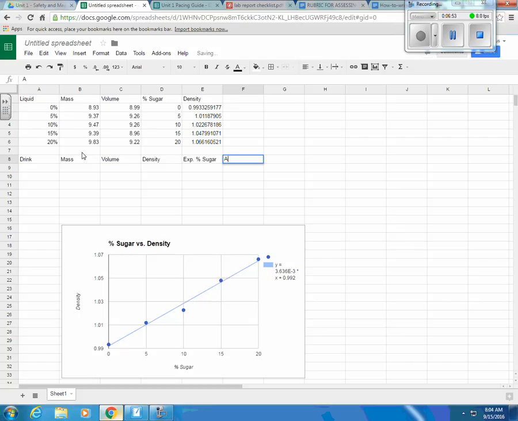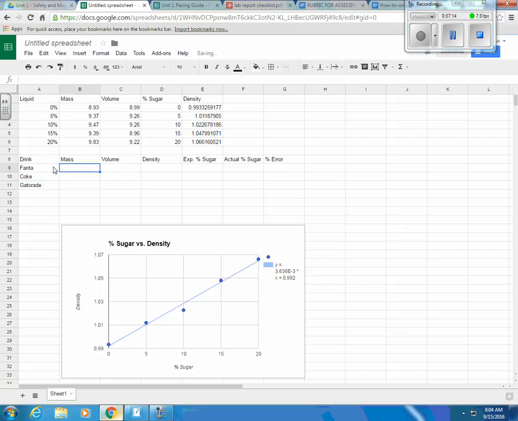Then we're going to put in the actual percent sugar, which I'm going to tell you, and then our percent error. All of these are going to be filled in. So we've got our Fanta, our Coke, and our Gatorade.